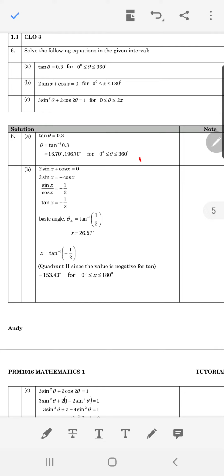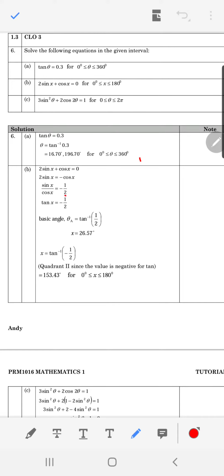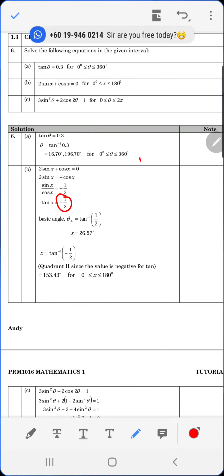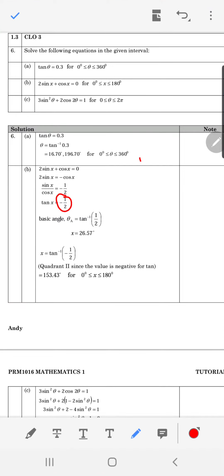Because the range is up to 180 degrees, you notice that the tangent is negative, so negative is your second quadrant. So second quadrant uses 180 degrees minus theta. So that's how you get 153.43.